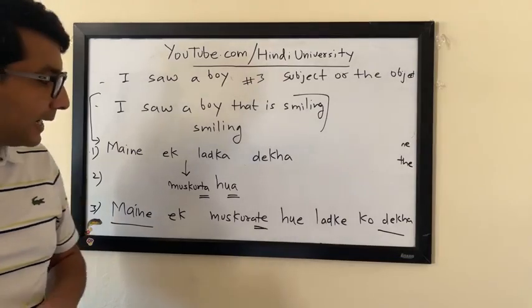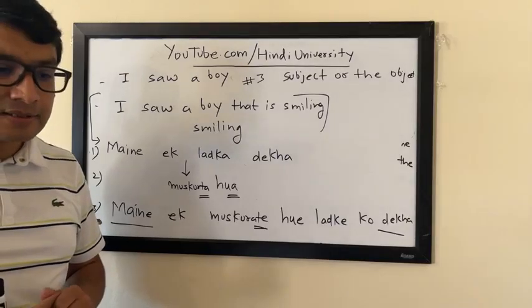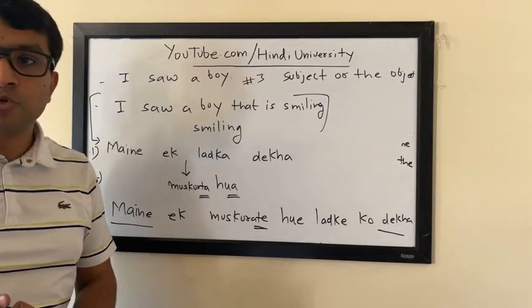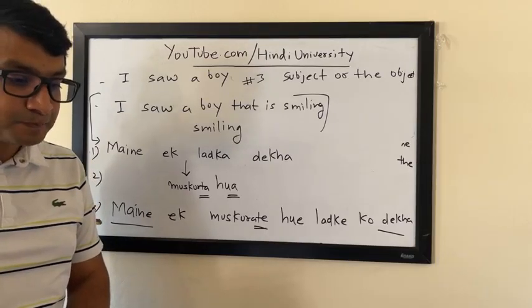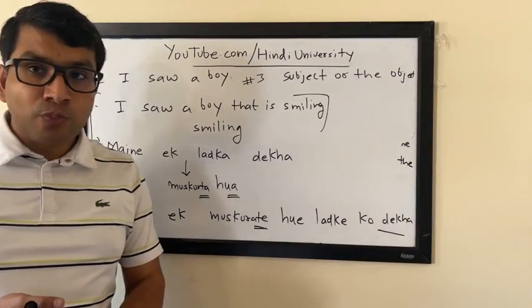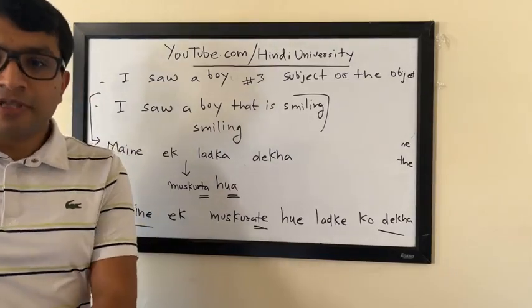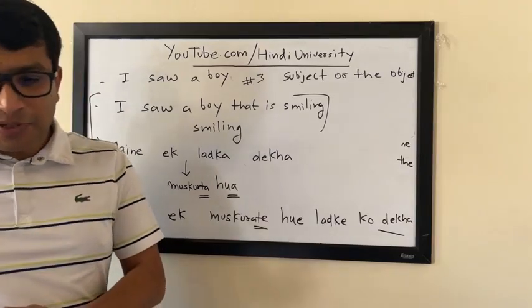Okay. In the second one, that's not happening. It's a description of the boy. You saw a smiling boy, versus, I spoke with you while you were driving. So I spoke with you while you were doing a particular activity.